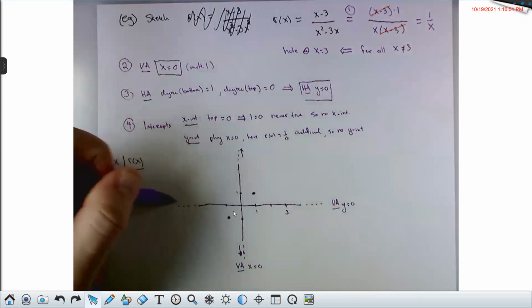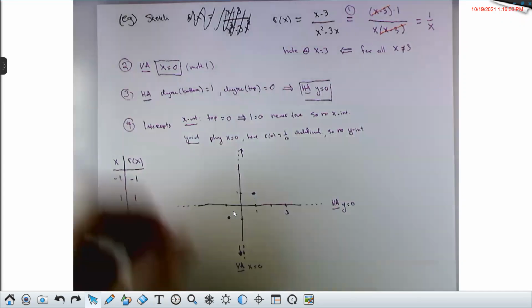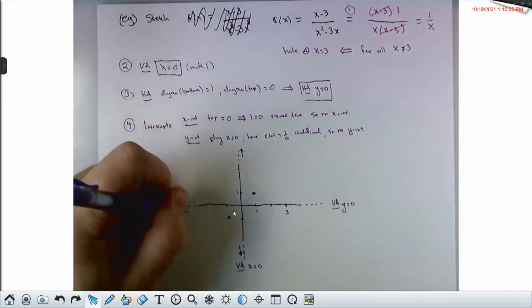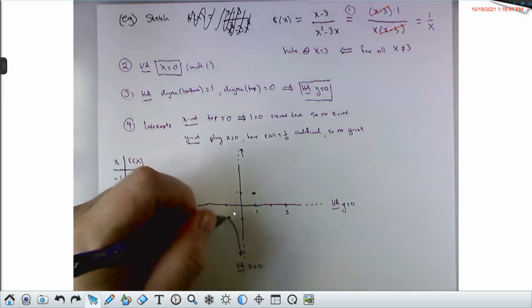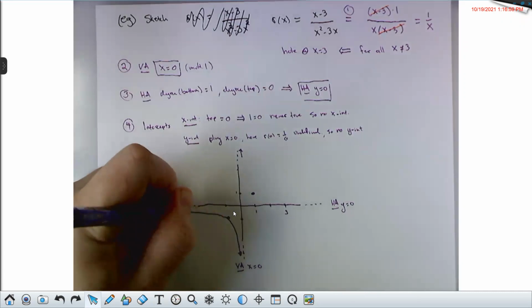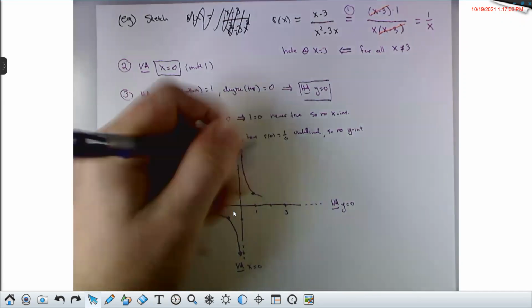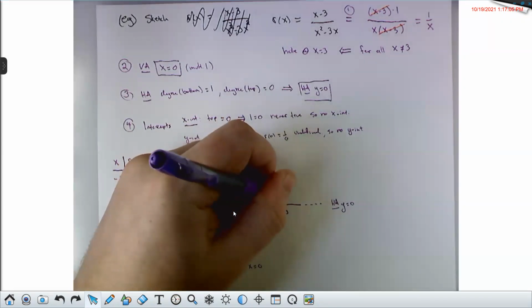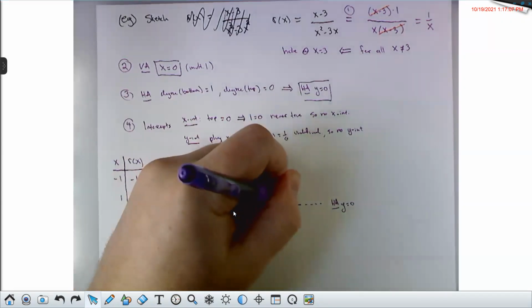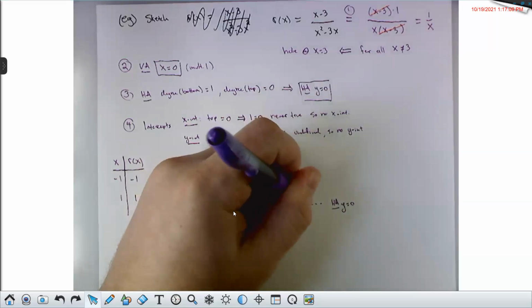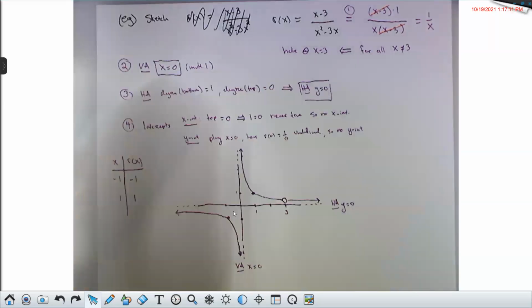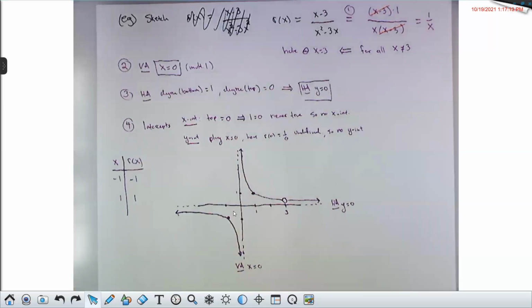From below. Good. And of course, you know what the graph of 1 over x looks like. We could have done this right away anyway. It looks like this. Now we stop as we get to 3 here, and we put in our little hole. Nice job done. That's the graph of this function.